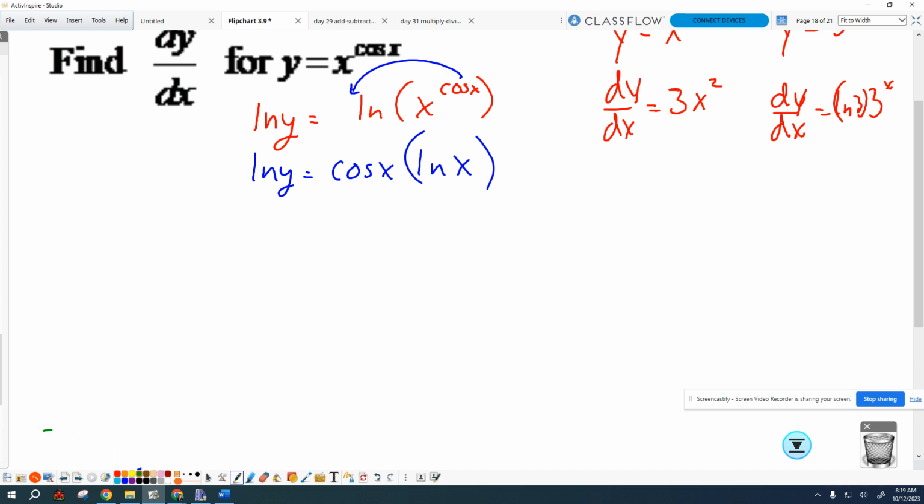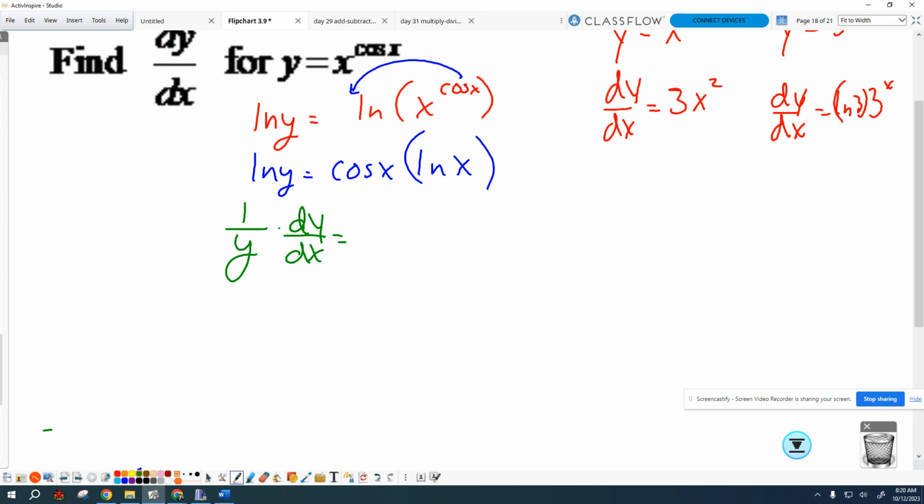Let's see. Alex, what is the derivative of natural log of y with respect to x? 1 over stuff times derivative of stuff. Derivative of y with respect to x? dy dx.